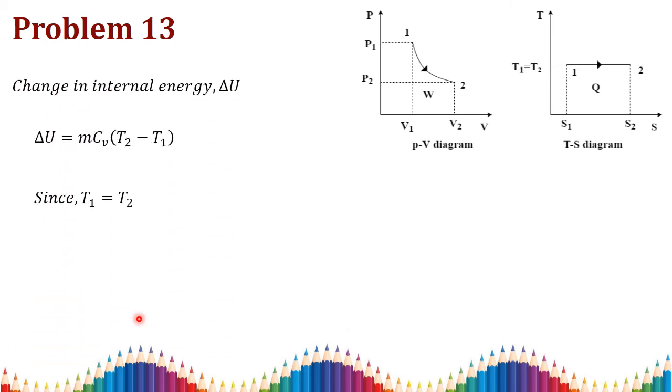Next is the change in internal energy, delta U. Delta U is equal to mCV into T2 minus T1. Since T1 is equal to T2 in an isothermal process, applying this condition, this equation becomes 0. So there is no change in internal energy for this problem, and in general there is no change in internal energy for a constant temperature, isothermal process.